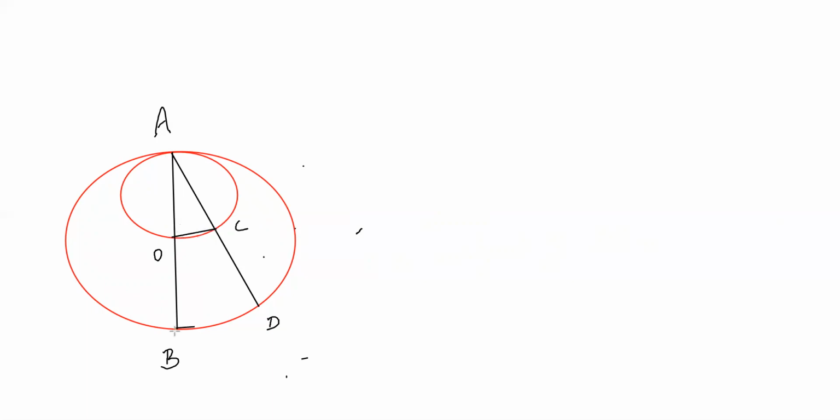OC and this is my BD. This is very important for us. 90 degree. Just to make sure it's a dotted line, I'm just erasing some of the points. That's it.